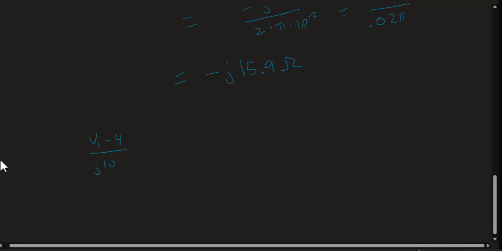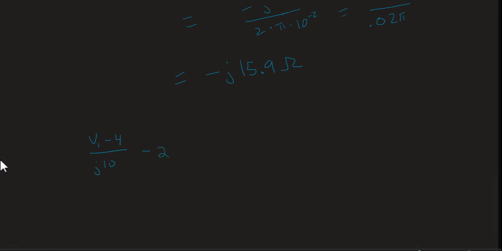And then we decided it would be minus 2 because I turned the current source around. Plus V1 minus 3.26 angle 150 over 1 minus J 15.9 equals 0.